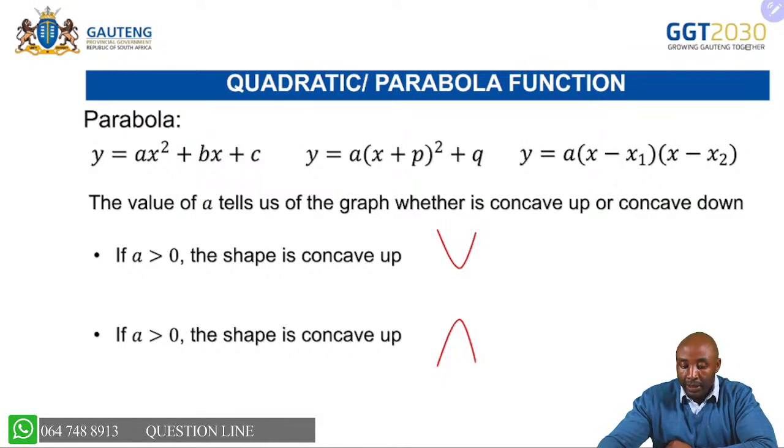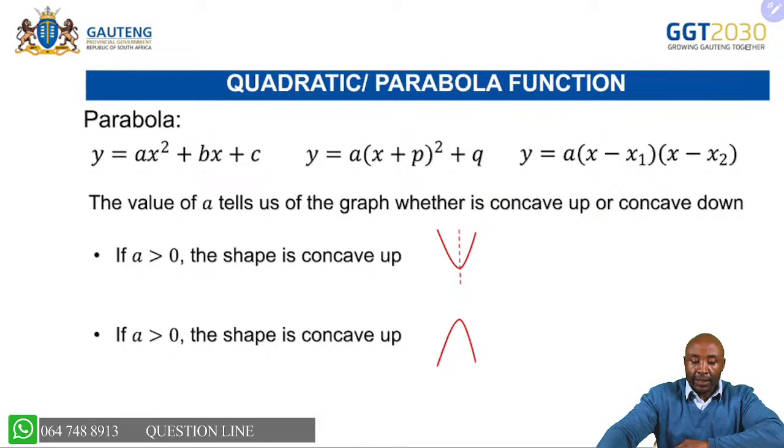In most cases, for the third form, it's either you are given the information about the graph, x-intercept, and one other point, or the graph is sketched and then you are supposed to determine the equation. Now, let's look at the effect of the parameters. Our parameter A affects the shape. If our A is positive, our graph will be concave up.